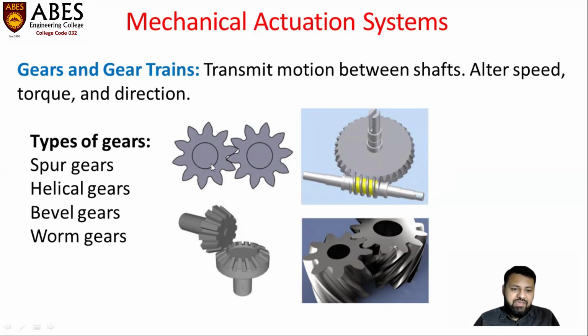Second is the helical gear. Then there are the bevel gear and the worm gear. This mechanism is known as the worm, and this is the gear. So this total mechanism is known as the worm and gear. Basically, this is the classification of gears used in different applications.